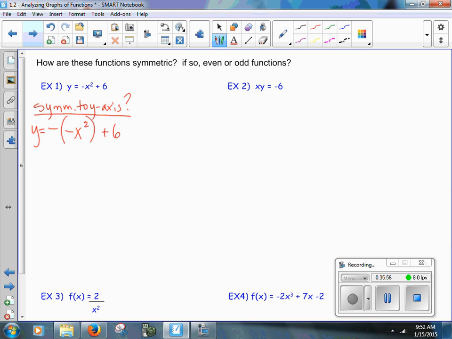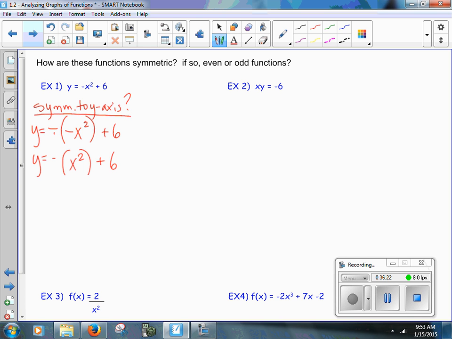Folks, what is negative x times negative x? Positive x. I'm bringing down this negative symbol. It has to go. It's part of the equation. But this thing right here becomes positive x squared. Is that the original equation? Yes, it is.